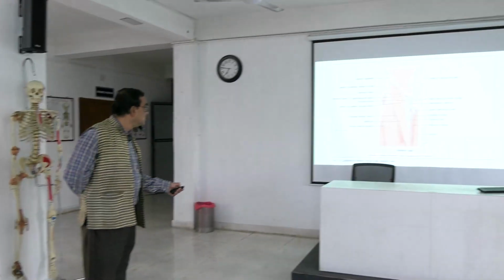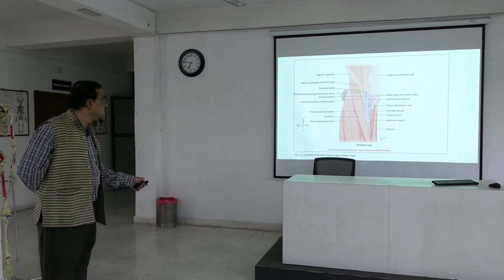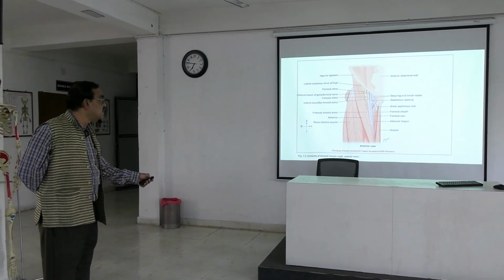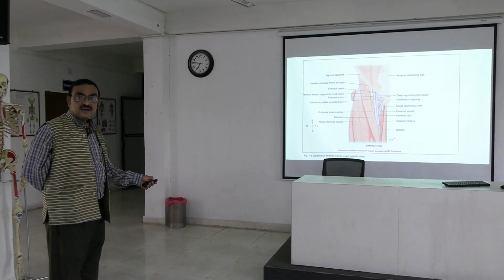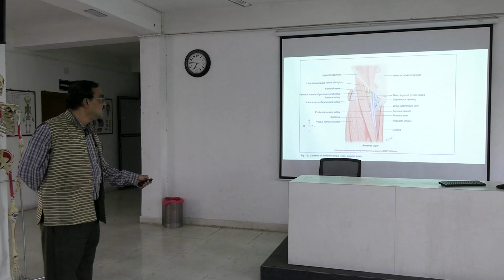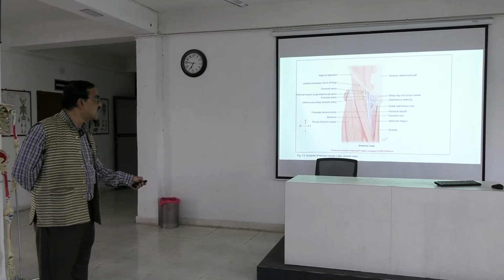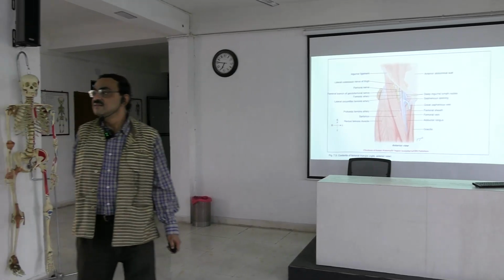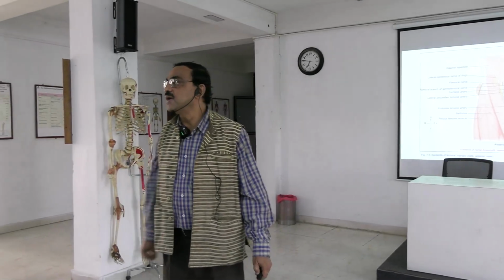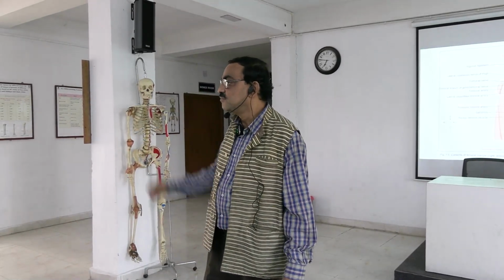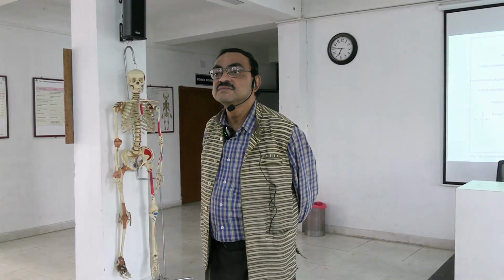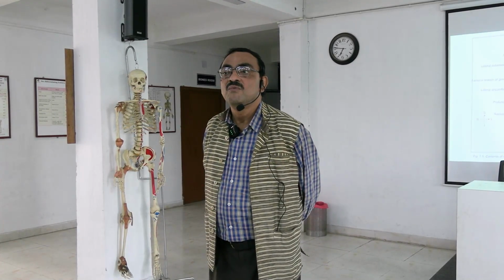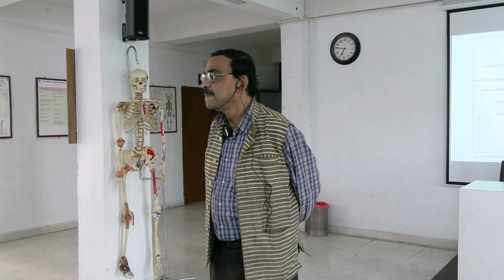And this is the communication point between the abdomen and the lower limb. Suppose there is any viscus under pressure, and it comes out through this canal, or there is any protrusion of any viscus through this canal from the abdomen to the lower limb, it is called, what is hernia?